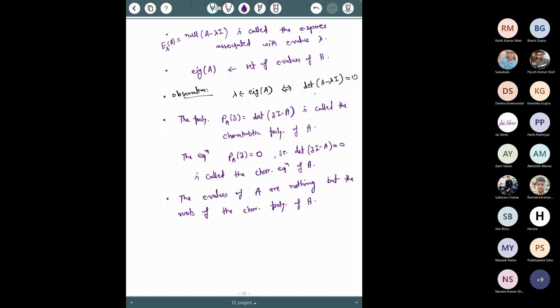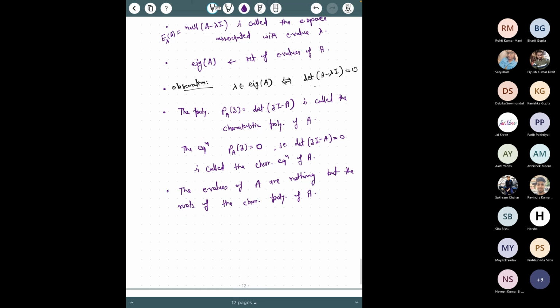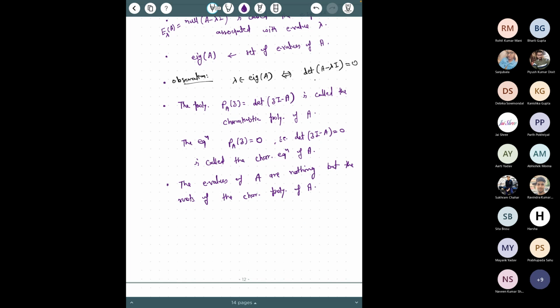We will prove this maybe in the next class. If we have a finite-dimensional vector space, and we fix a basis B of the vector space, and T is a linear operator on V, then eigenvalues of T are the same as eigenvalues of the matrix of T with respect to this B. And this set of eigenvalues of T is independent of the choice of B. Why is this?